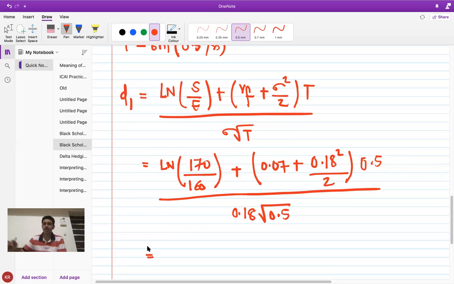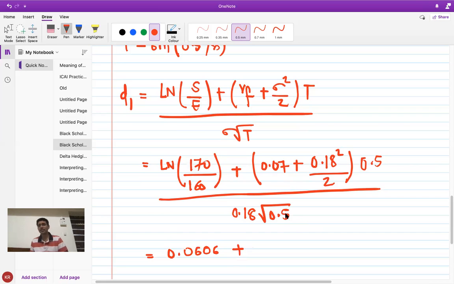Agreed? Ln of 170 by 160: for the CFA and FRM candidates, obviously you can calculate it using your calculator. But for CA final students, the value of ln will actually be given in the question. It is 0.060625. I will stop with 4 decimals. It is 0.0606.